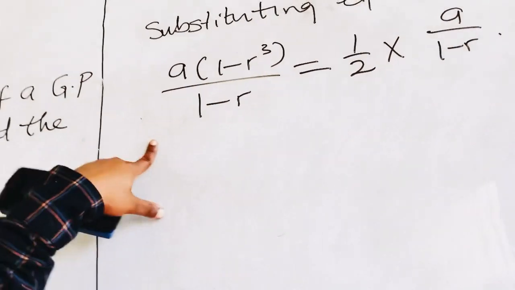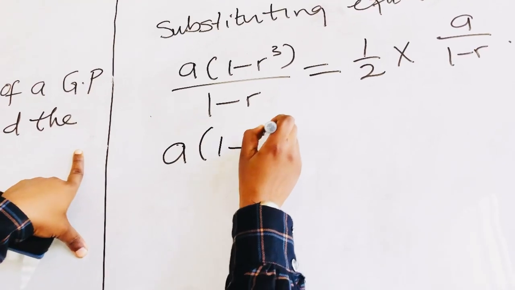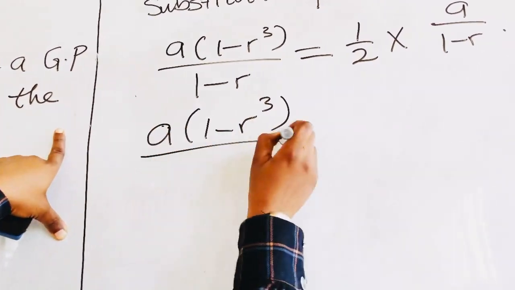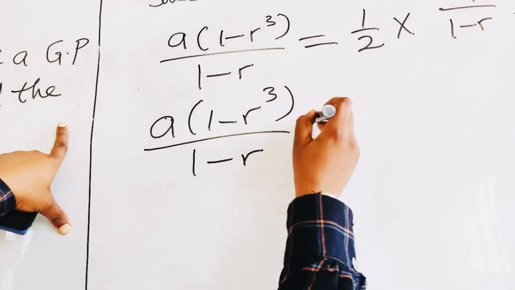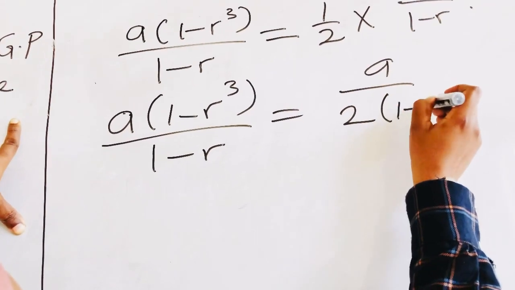So simplifying this equation gives a into bracket 1 minus r cubed over 1 minus r is equal to a over 2 into bracket 1 minus r.